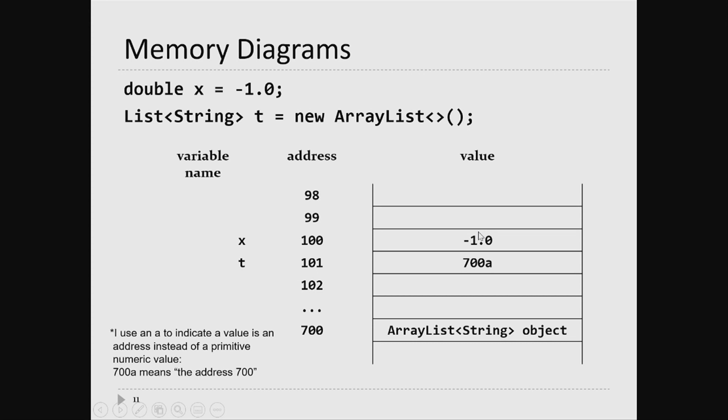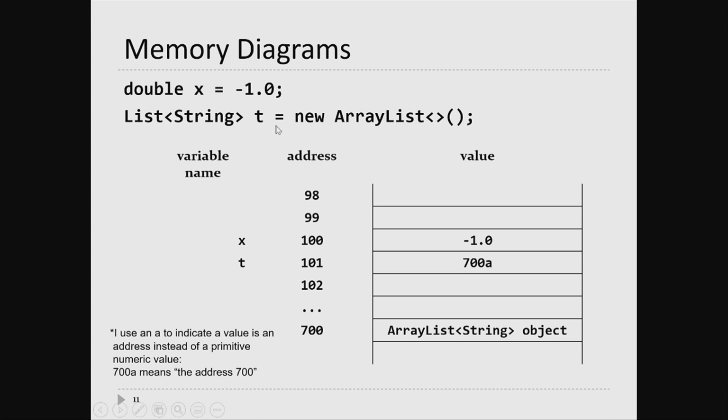It could be anywhere for our purposes. And beside that x is stored the value -1. So primitive variables store their actual values. If this was a Boolean variable, that could be true or false. If it was an int, it could be 1, 2, 3, 4, 5, or something like that.